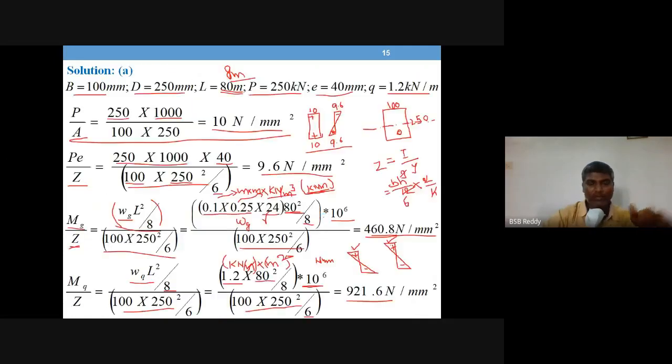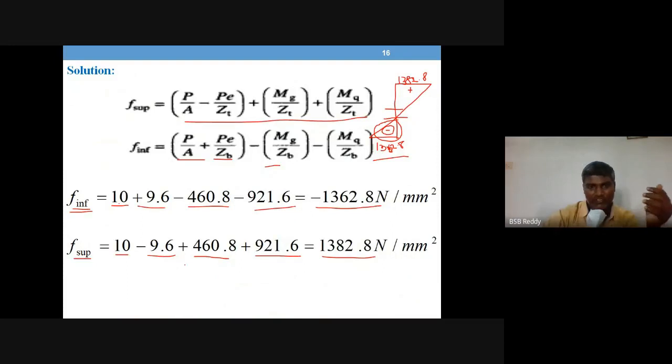Just overlap, I mean superpose all those values. Or even the diagrammatic representation is also good in understanding in a better way, like while we explained the development of the formulas like this.